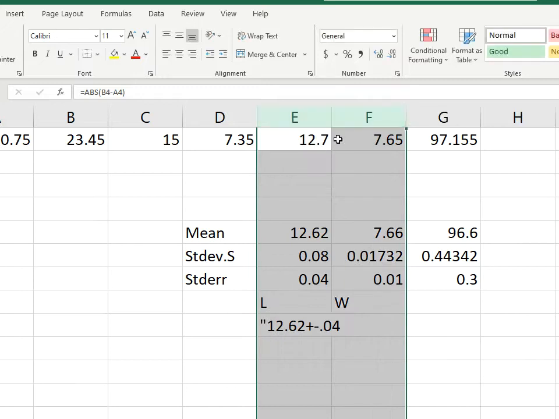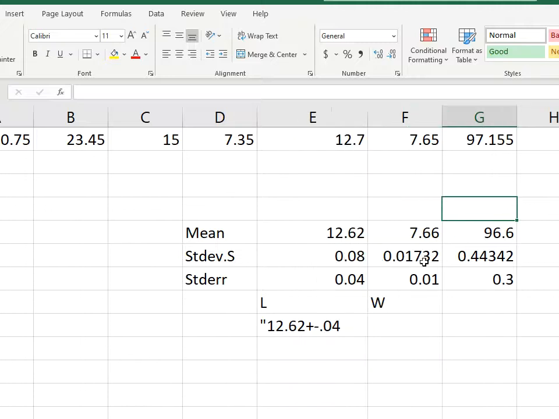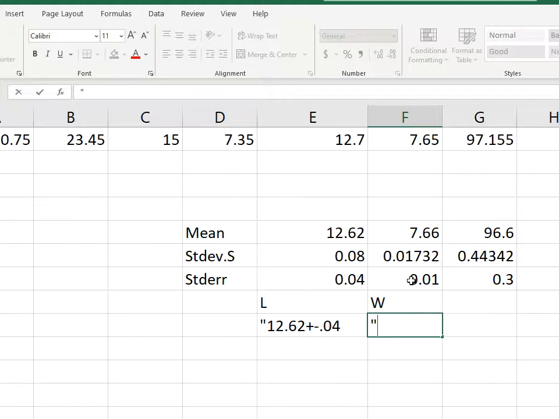Whoops, come on. Let go of that. Okay, you get that, move that over, and then you say that is 7.66 plus or minus 0.01.